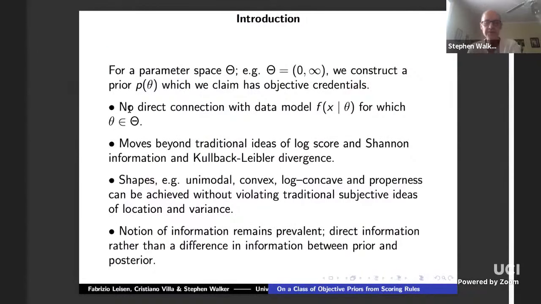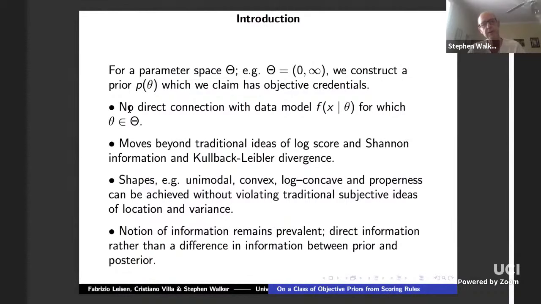What I'm going to do is just run through the introduction and then hand over to Fabrizio and Cristiano. So what I'm basically going to do is illustrate what new things we're doing.